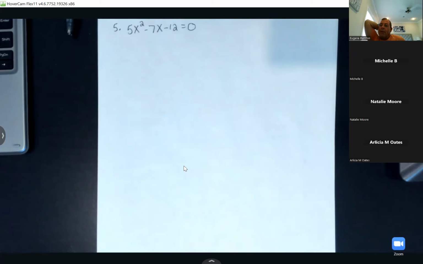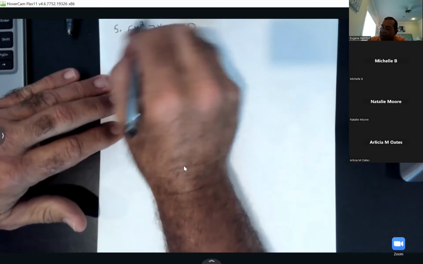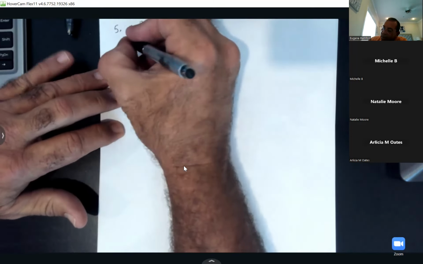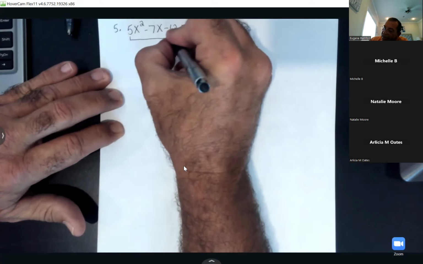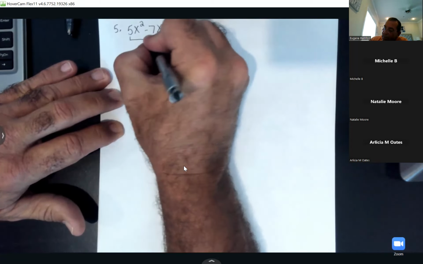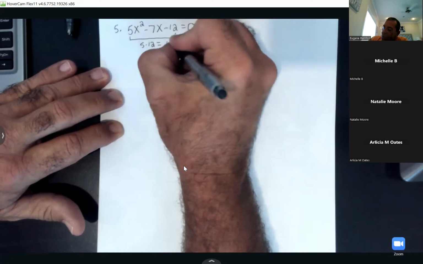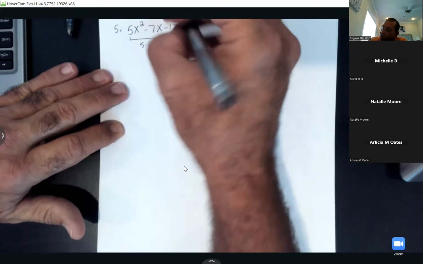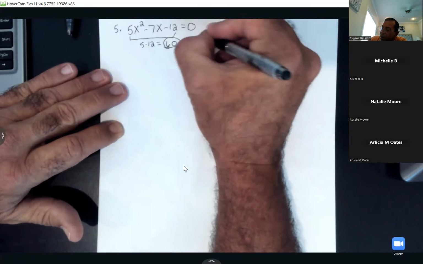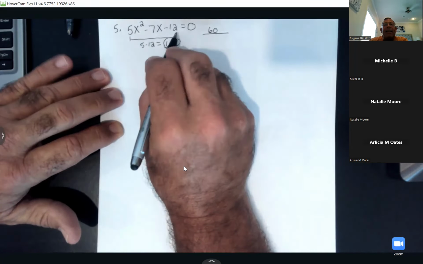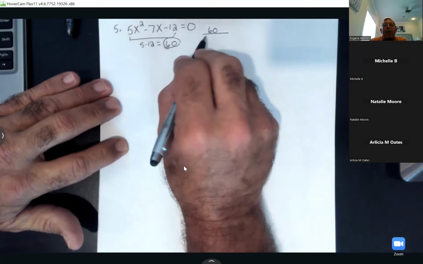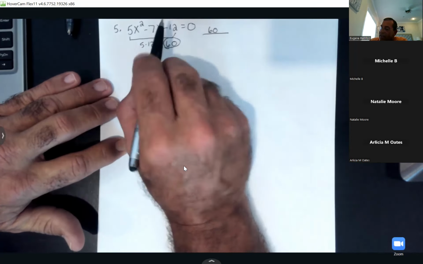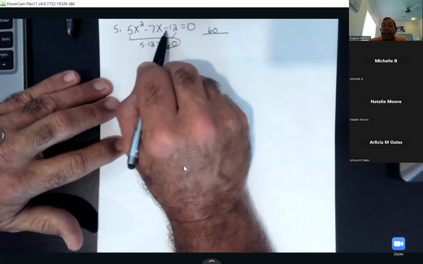Okay, so anytime you got a number in the front and you can't factor it out, your first step, multiply that 5 times that 12. 5 times 12 equals 60. So what you want to do, treat 60 like it's the last number now, and you want to find factors of 60 that'll subtract and get a 7.